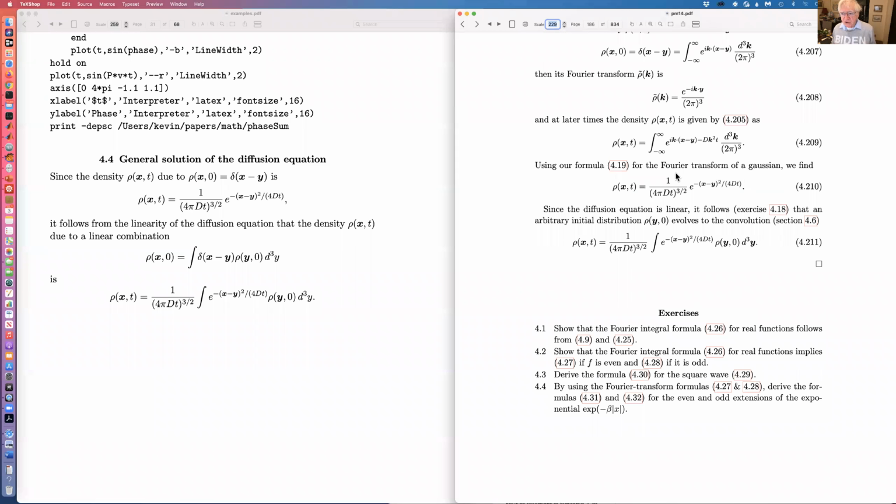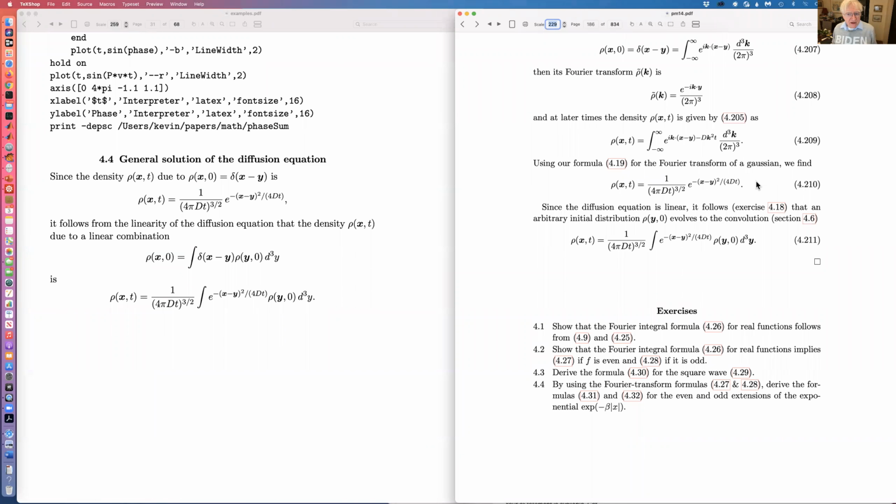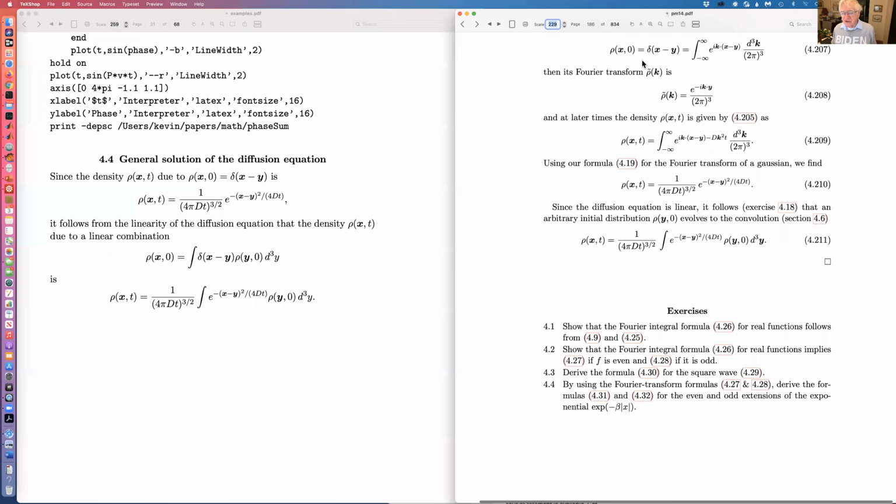So this is the equation for how a distribution that's localized at the origin evolves. We're starting with a distribution that's just a delta function of x minus y. In the book, I worked out that if at time 0 it's a delta function at y, then at time t it looks like this, which is a Gaussian type distribution.